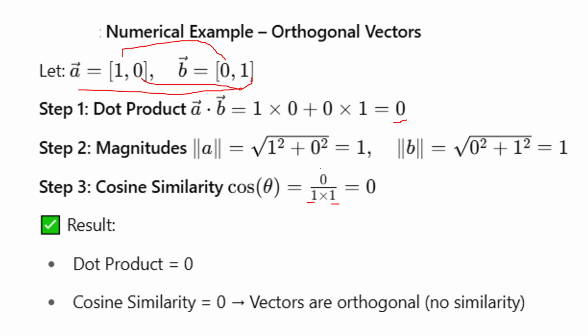So 0 divided by 1 into 1 is equal to 0. So what does the 0 indicate? 0 indicates that it is an orthogonal vector. Since we got the cosine similarity, or cos theta, equal to 0, it indicates that they are orthogonal, or they have no similarity. Suppose it was equal to 1, it means that the two vectors are very much similar.